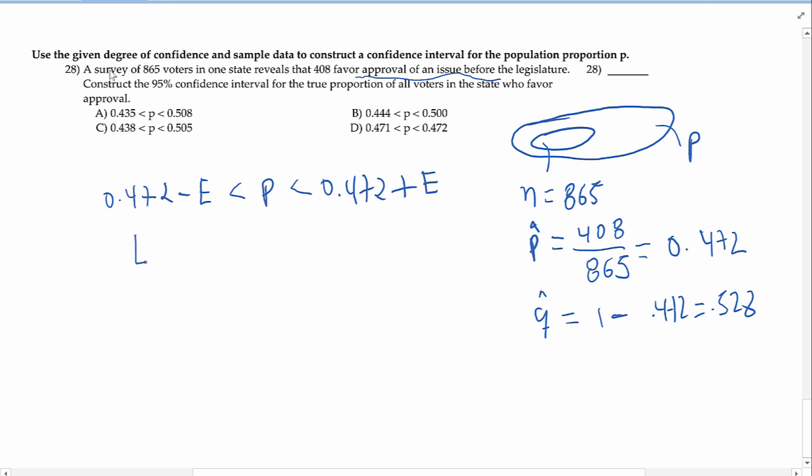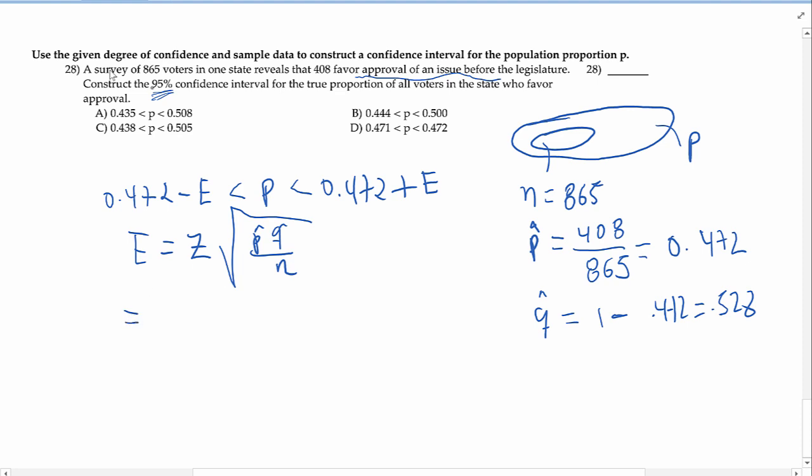So what is the margin of error? It is the z-value, which creates the range of numbers that depends on the level of confidence that you want to have, in this case 95, times the square root of PQ over N.